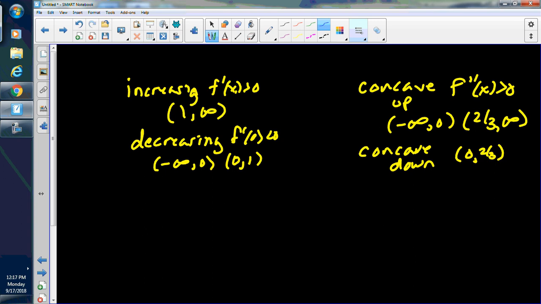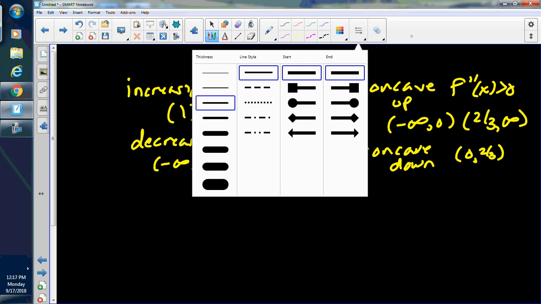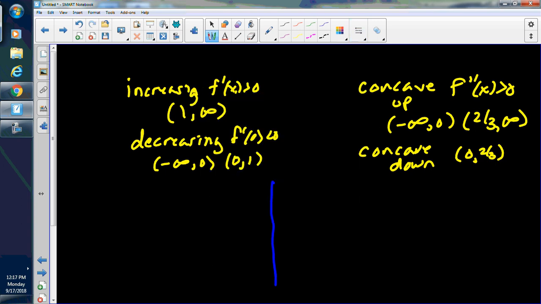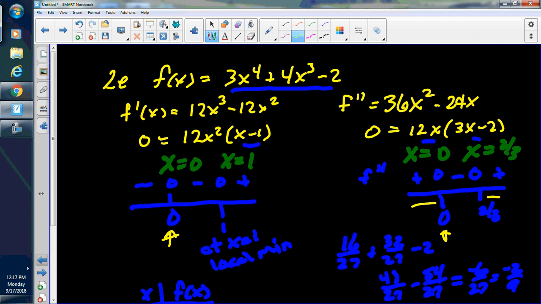Our graph. We need 2/3. We need 1. So in our graph, taking all of our information, from negative infinity to 0, we're decreasing.